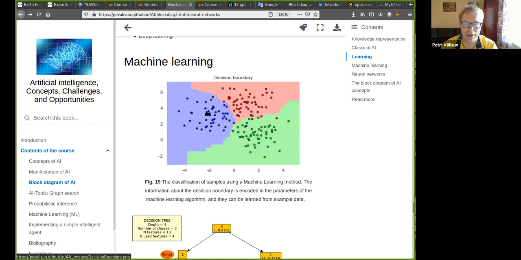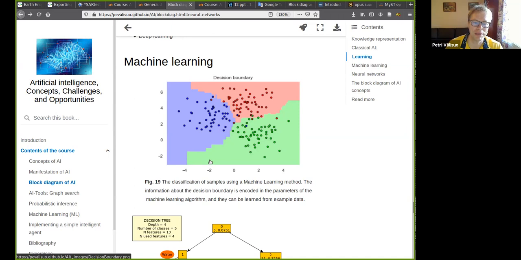And now the information is in a machine learning algorithm where the rules for drawing these borders are encoded. With machine learning algorithms, you can learn these rules based on the data.